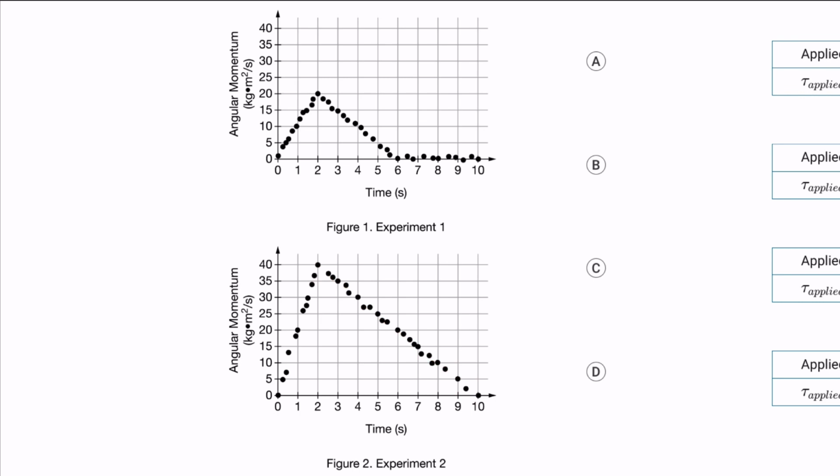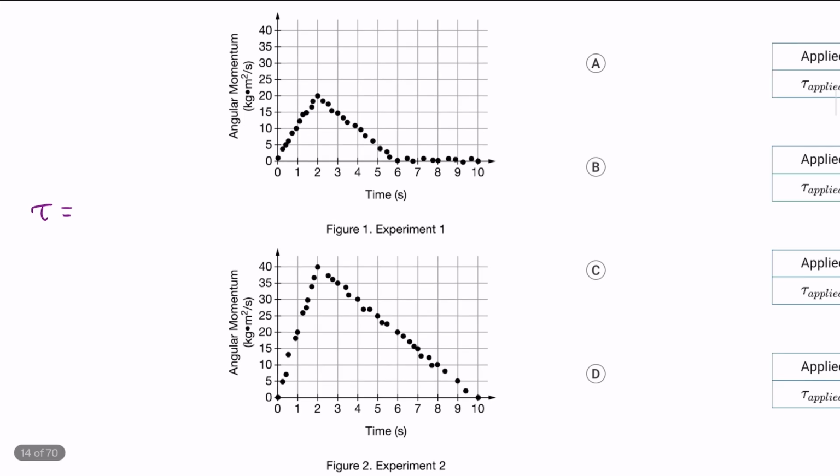We have to remember that torque, just like Newton's second law in terms of momentum, also has a relationship with angular momentum. Torque can be represented as the change in angular momentum, where capital L represents angular momentum, over the change in time.